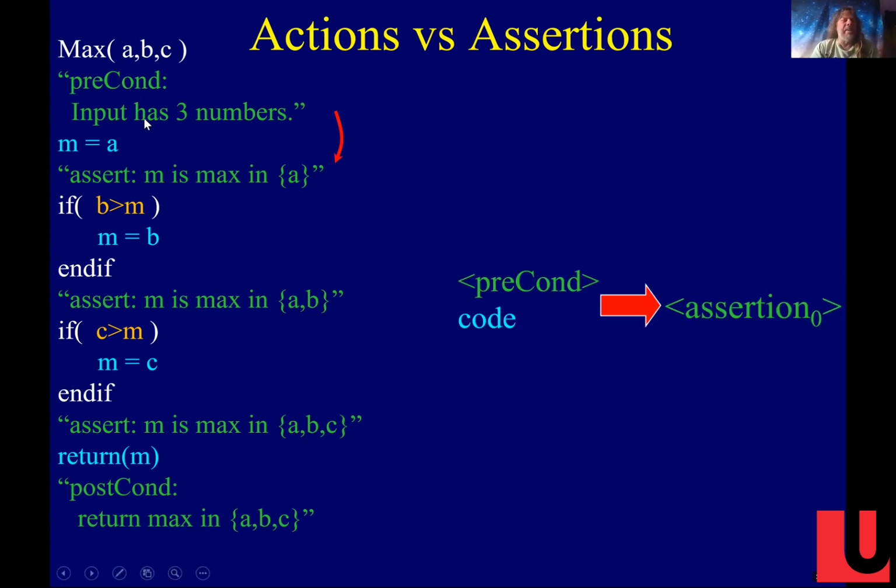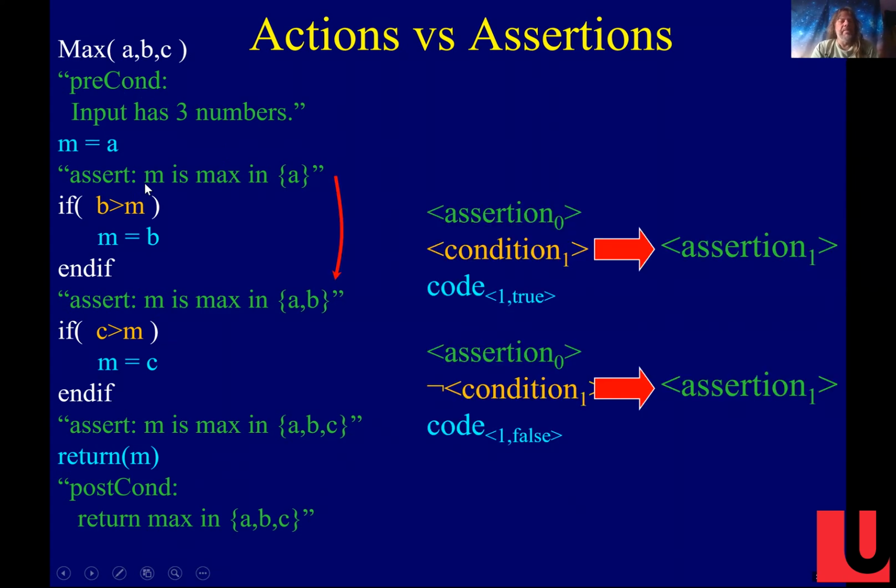Now here's just a simple example. I start off by saying the precondition that I have 3 numbers. I set M to be A, and then I assert that M is the maximum number in this set, right? So here I prove that if this is true and I do this code, then that is true.